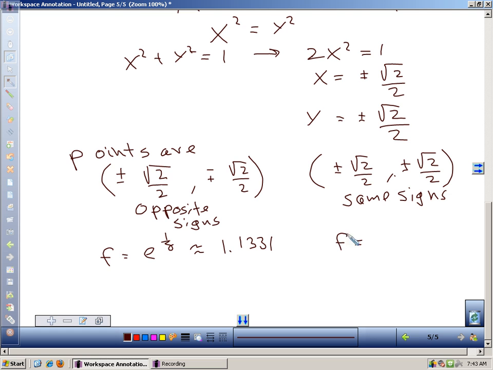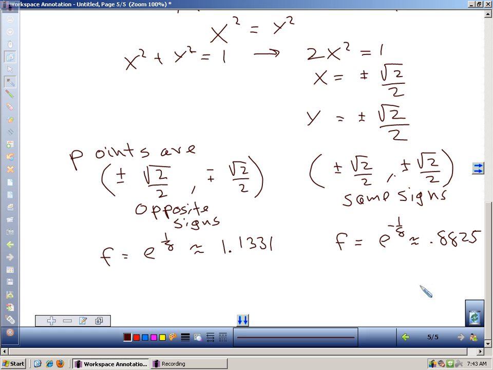And here we get f equals e to the minus 1/8, which is approximately 0.8825. So on the constraints, these are our maximum and minimum values, e to the 1/8 and e to the minus 1/8. We still have a little bit of work to do, though.